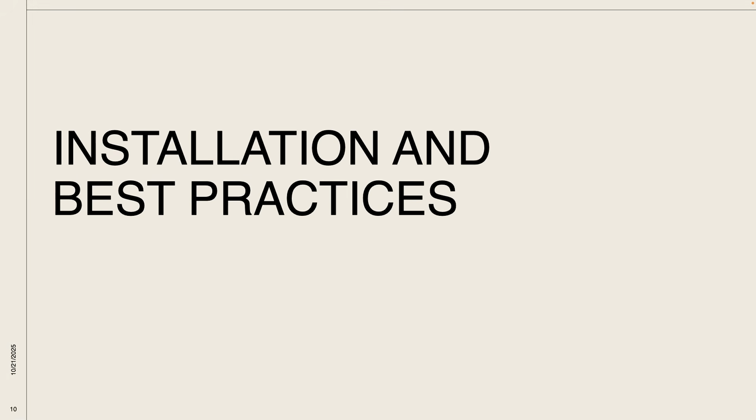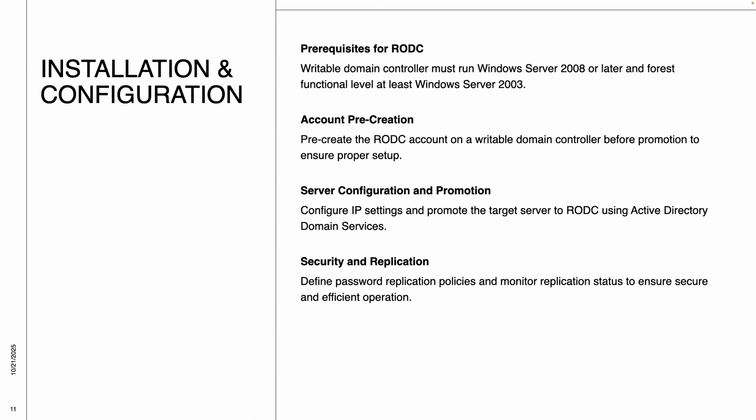Let's talk about the installation and the best practices for the deployment. Installing and configuring an RODC involves several steps and prerequisites. Organizations must ensure that at least one writable domain controller is running Windows Server 2008 or later, and the forest functional level must be set to Windows 2003 or higher. The process begins by pre-creating the RODC account on the writable domain controller.